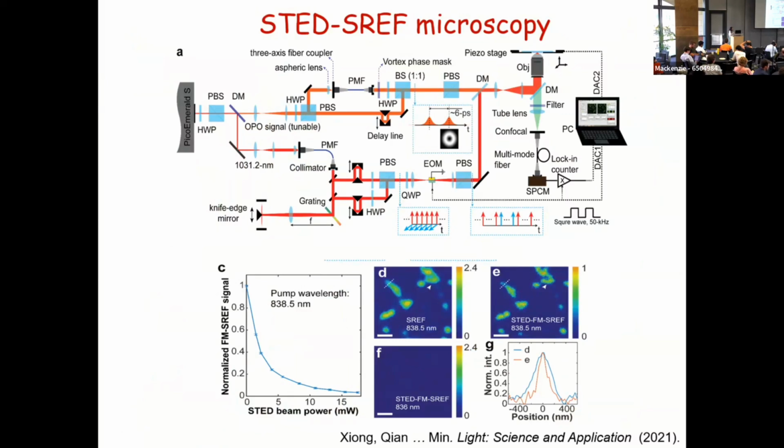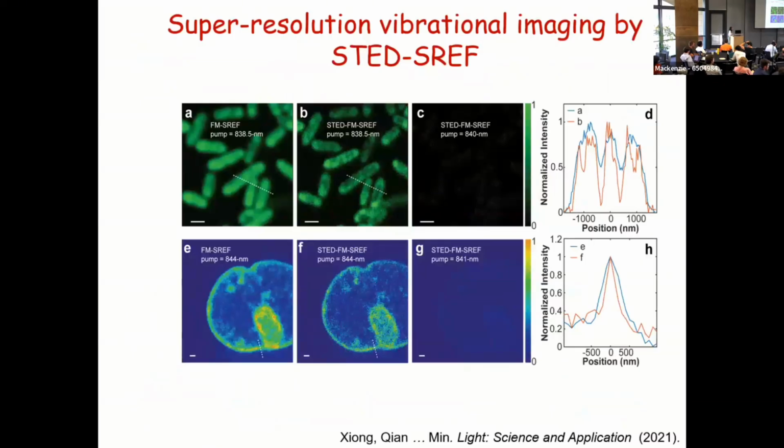With this, we successfully demonstrated super resolution beyond the diffraction limit with 2 fold resolution enhancement. Compared to other super resolution attempts in Raman imaging and vibrational imaging, the benefit of our technique is the capability of using relatively low power, so that it is particularly compatible with imaging biological systems.